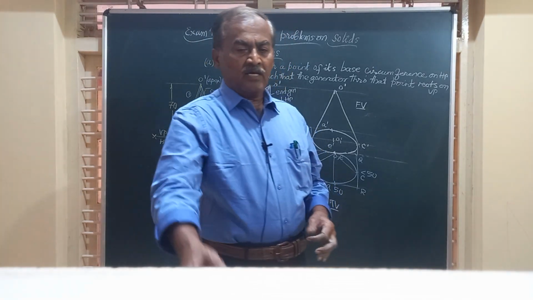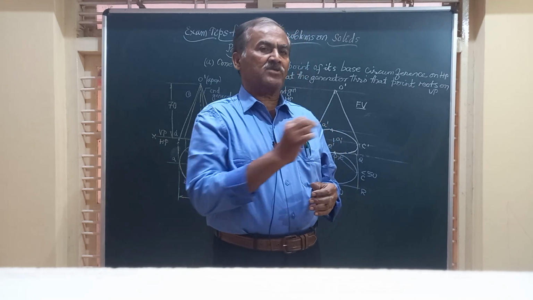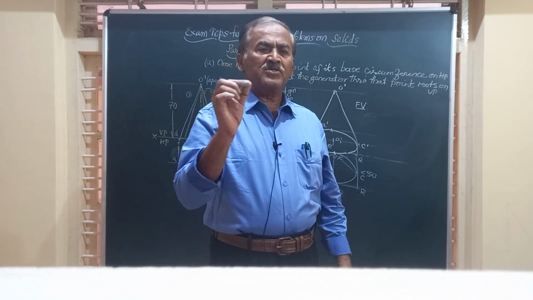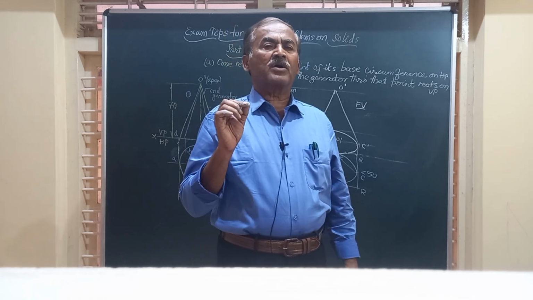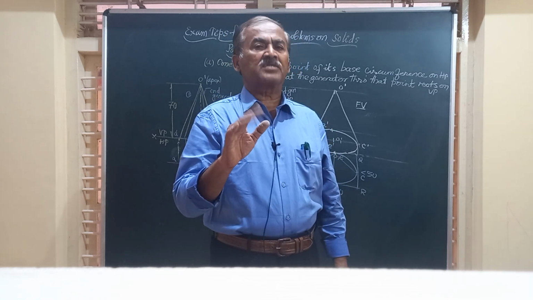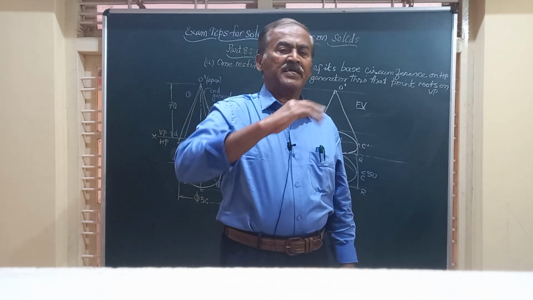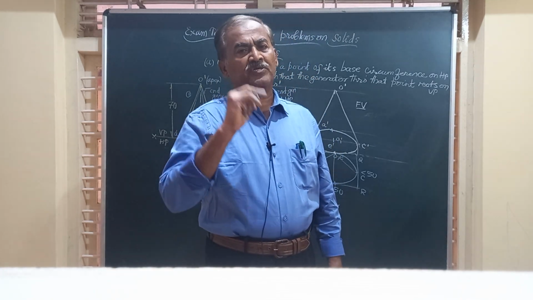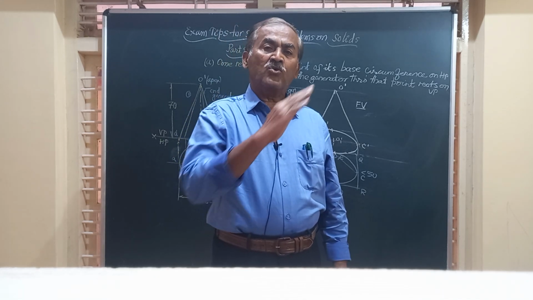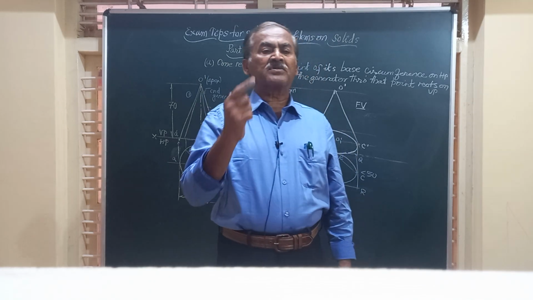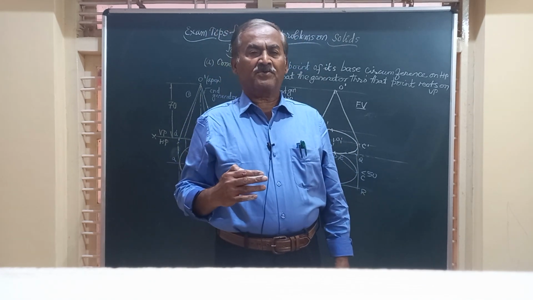Friends, I will just give the final summary of this. Generally, for all problems on cones, the important questions on projection of cones are: first, the cone resting on an end generator on HP is most important. The second important question is the cone resting on a point of its base circumference with the axis inclined to HP.